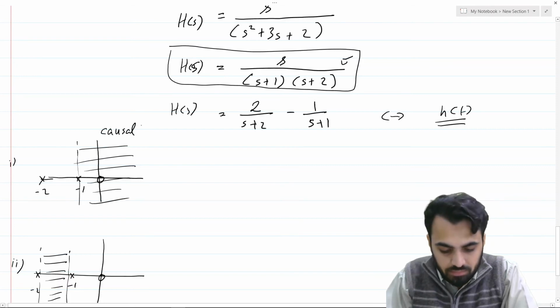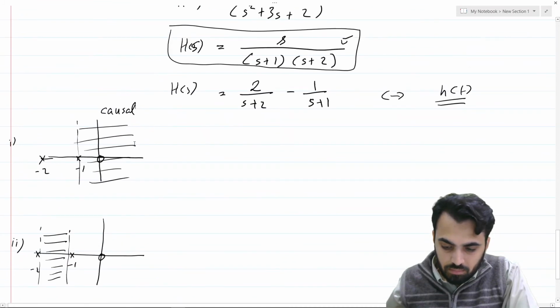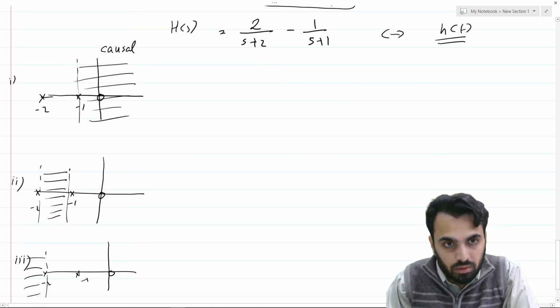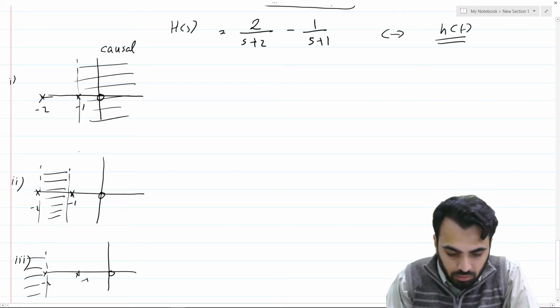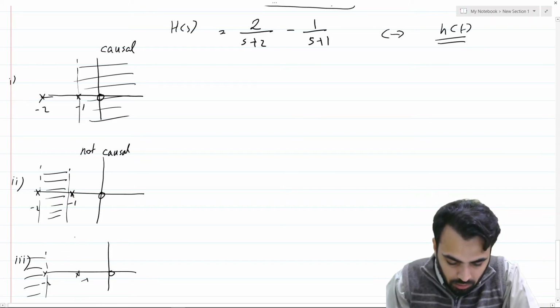At the same time, since the ROC is not towards the right of this pole at minus 1 in the second case, this is not causal. And similarly this is also not causal.